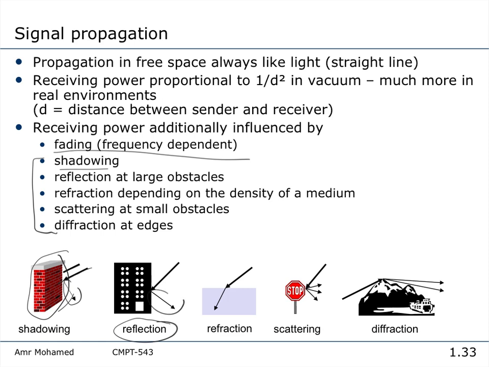So the reflected signal here, of course it has less energy, but it's significant enough that you can have some reception out of it. Yani if you have a receiver here, and you have the transmitter here, right? So the transmitter will send the signal, it will get reflected, and the receiver here can still detect the signal. Okay? So this is reflection.